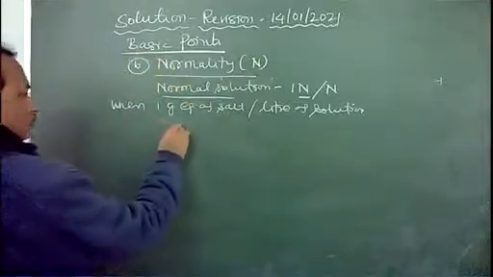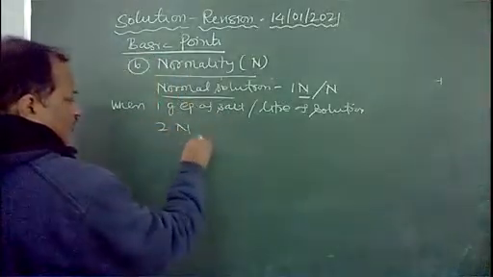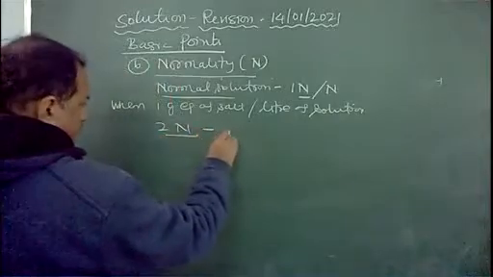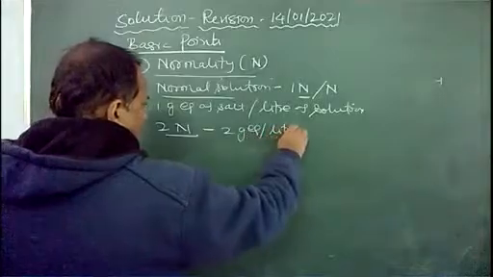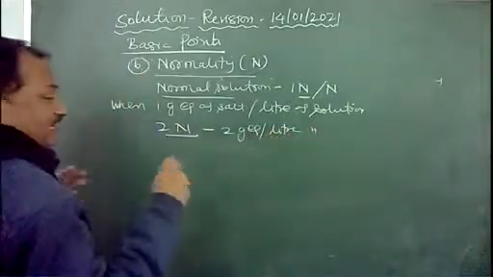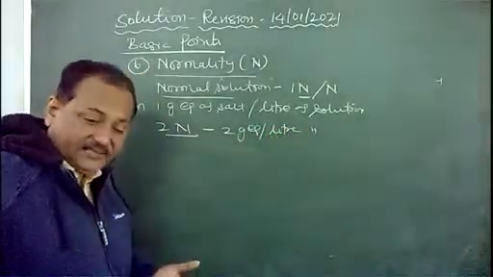Similarly, 2N or dinormal means 2 gram equivalents per liter. Similarly 3N, 4N, 5N, it keeps on like this.